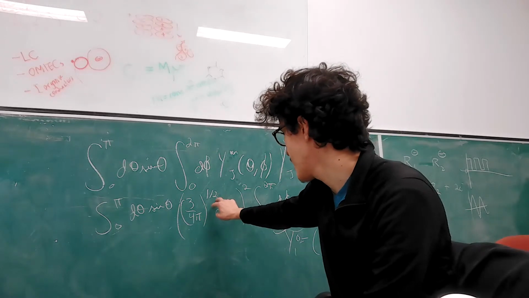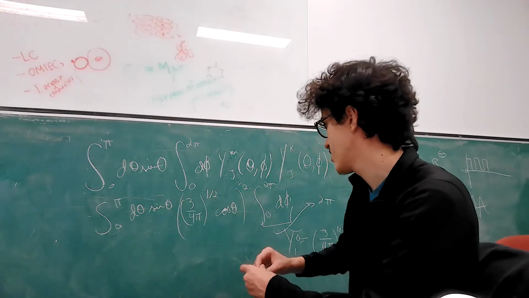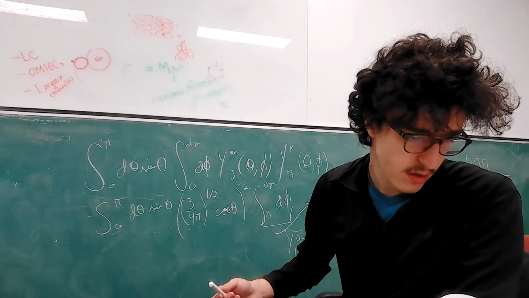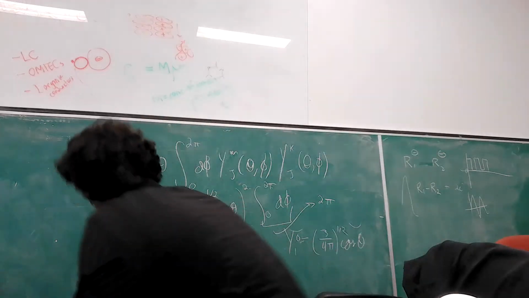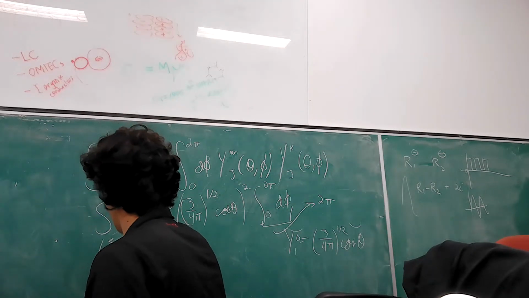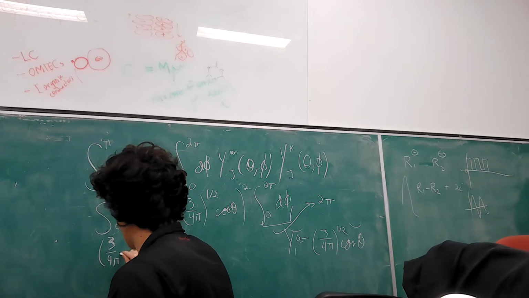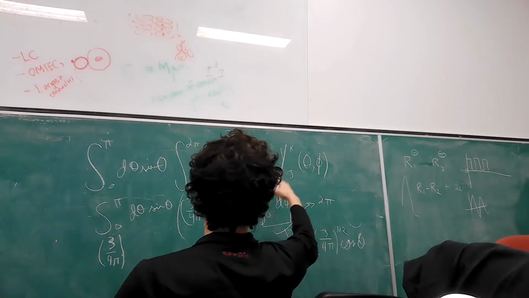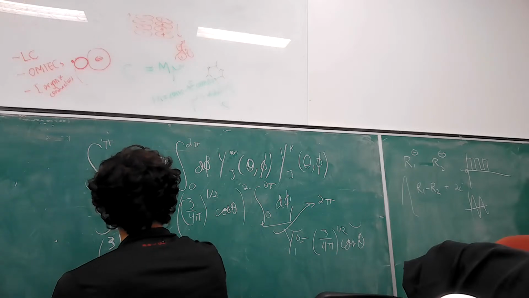So we can start by, this is being squared. We can just pull this thing out. So you have 3 over 4 pi. All right, and you can already solve this thing here, which is 2 pi.